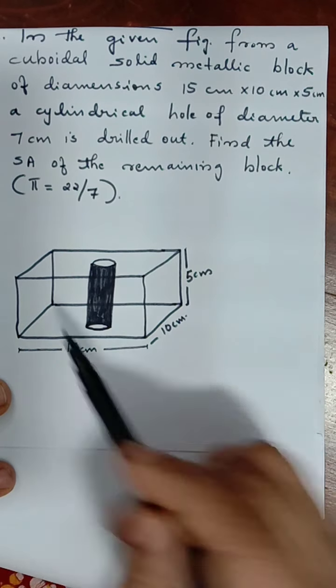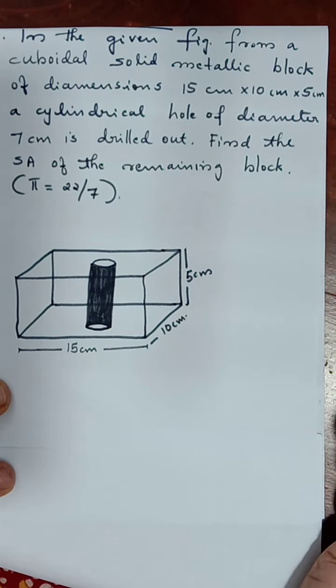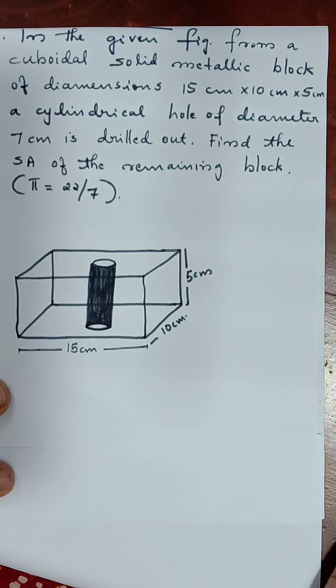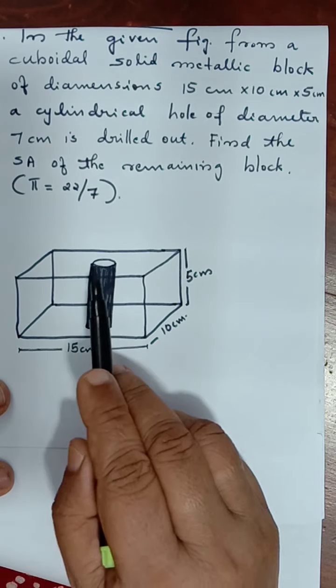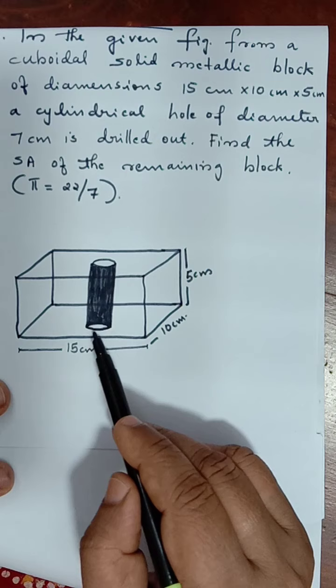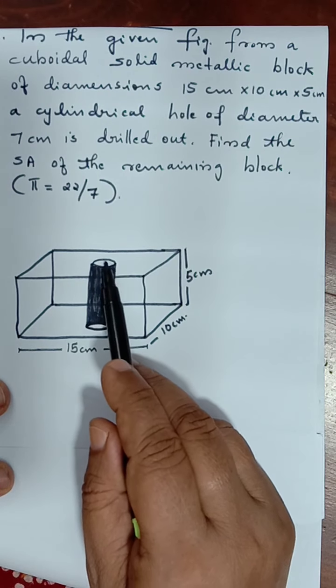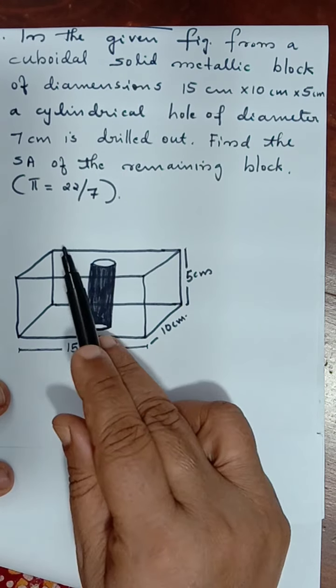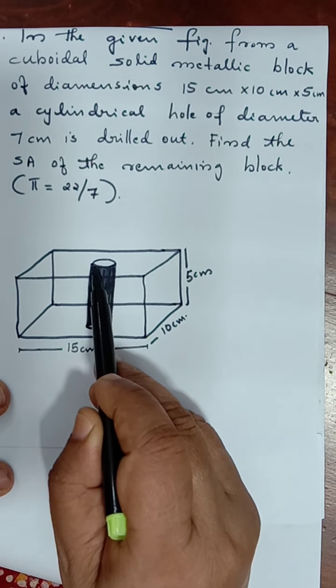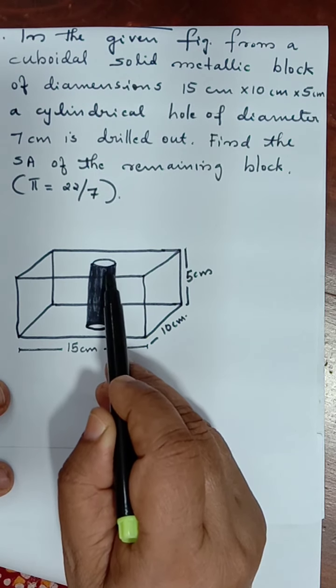We know we have a cuboidal solid metallic block. Therefore, its total area we will consider as 2 times LH plus BH plus LB, from which we have to subtract 2 circular areas. One circular face is there on the top portion. This much area is not there actually. It is drilled out.